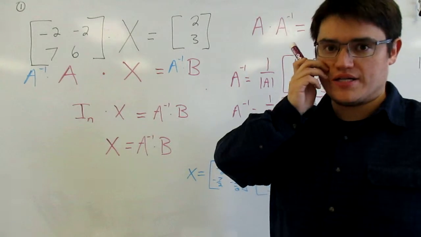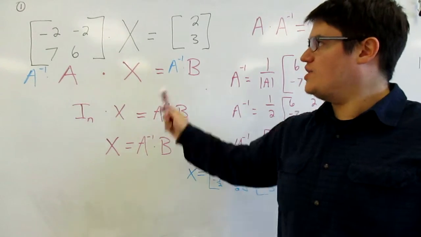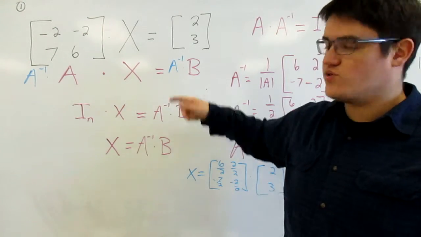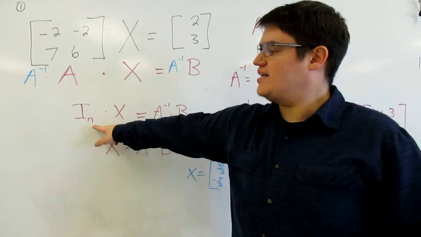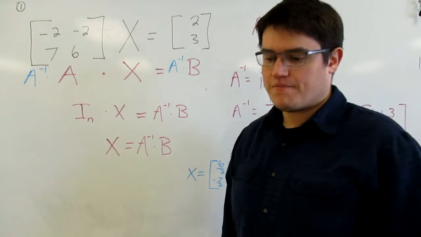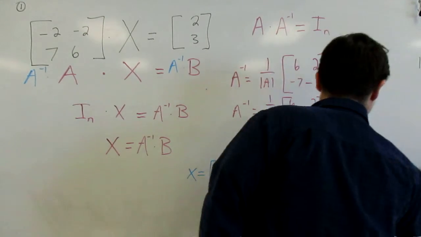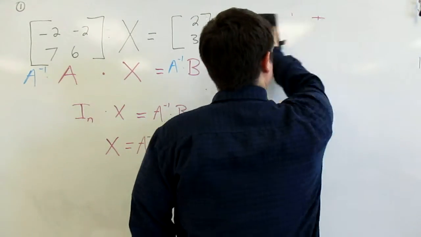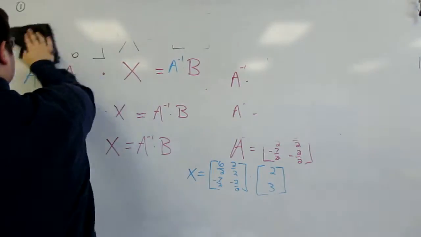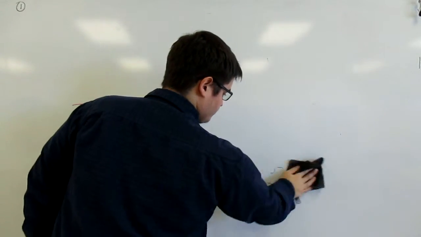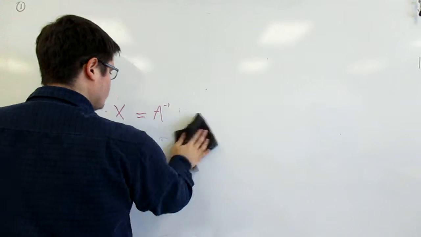This thinking is how we're going to solve all these matrix equations using the inverse method, because we're using the inverse. And this is the key idea right here. Okay? Okay, let's try one more.